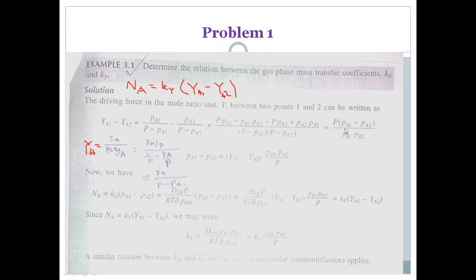So it equals P into (Pa1 minus Pa2), where P minus Pa1 equals Pb1 and P minus Pa2 equals Pb2. So the difference Y1 minus Y2 is expressed in terms of the partial pressure difference with this factor.